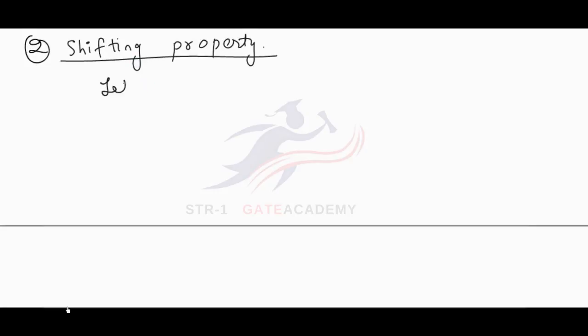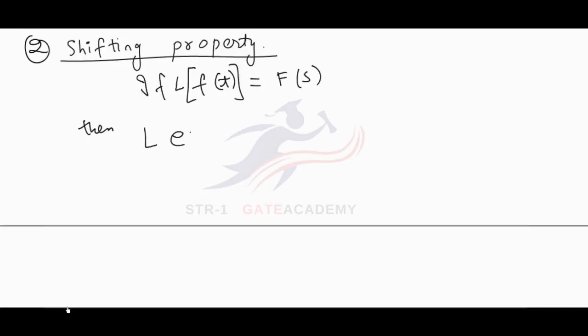Let's say f(t) has a Laplace equal to F(s), then Laplace of e raised to at times f(t), if I multiply the signal by e raised to at, will be equal to F(s minus a).